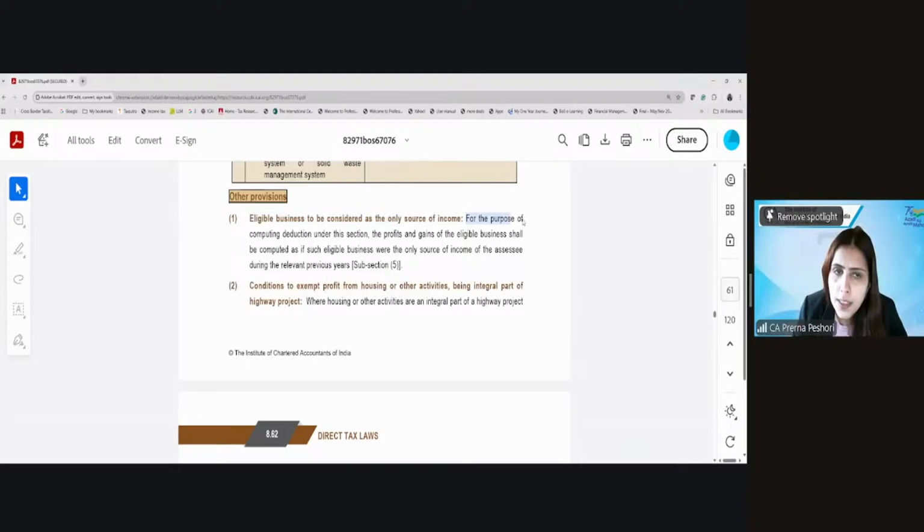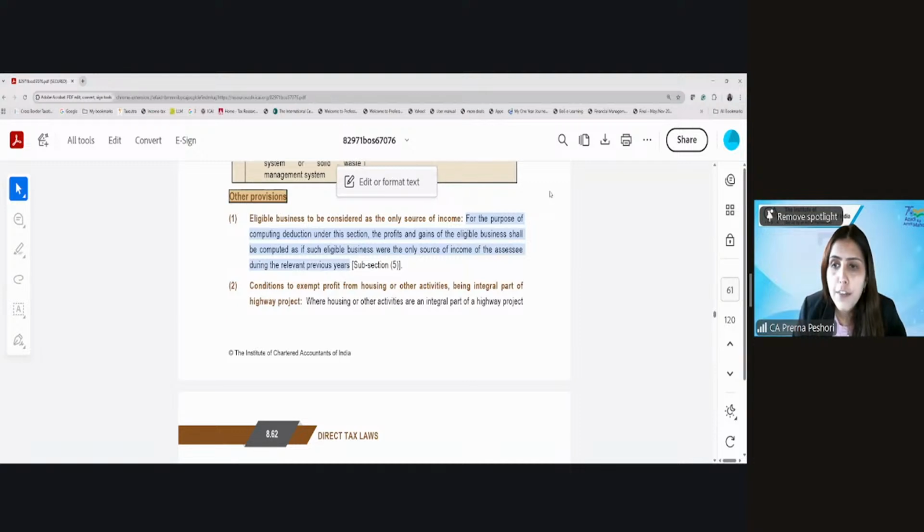For the purposes of computing the deduction under this section, the profits and gains of the eligible business shall be computed as if such eligible business were the only source of income of the assessee during the relevant previous year. Now, what does this imply basically? What does it mean that the eligible business is, let's say, the only business of the assessee for the purposes of claiming the deduction under ATIA?